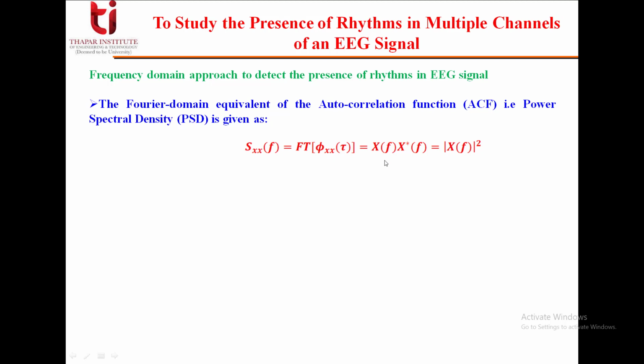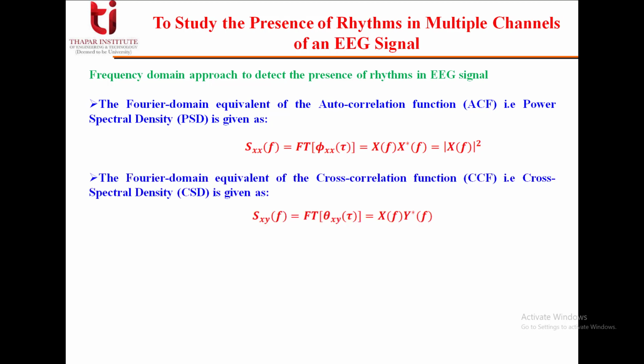and it is given as the product of the Fourier transform of the signal itself with the conjugate of the Fourier transform of the same signal. So it will result in |X(f)|^2. Similarly, we can find the cross spectral density, because it is a frequency domain equivalent of the cross-correlation function.